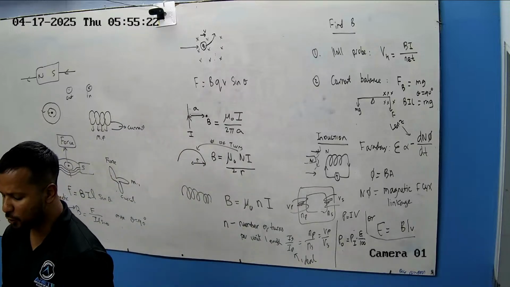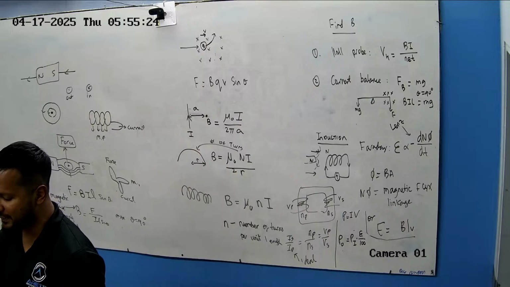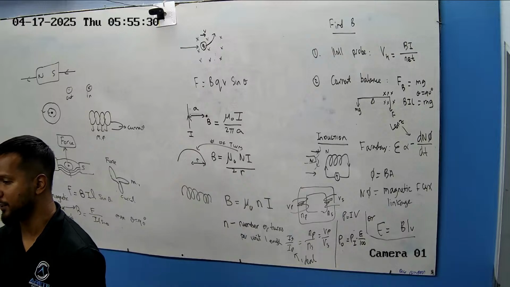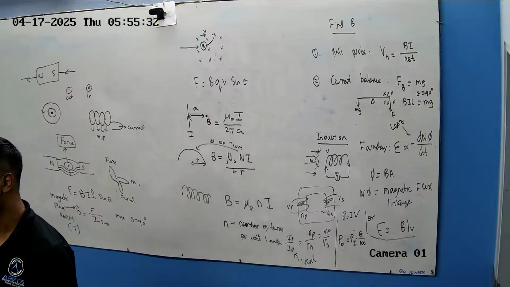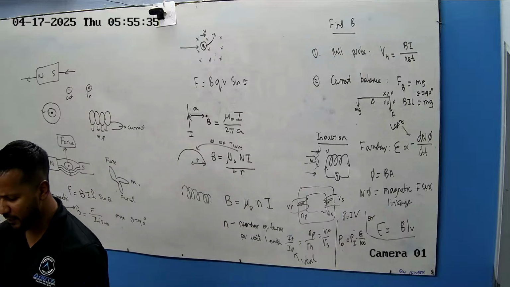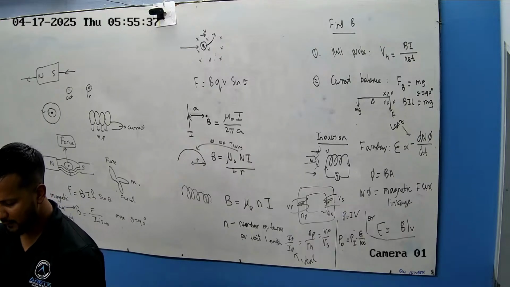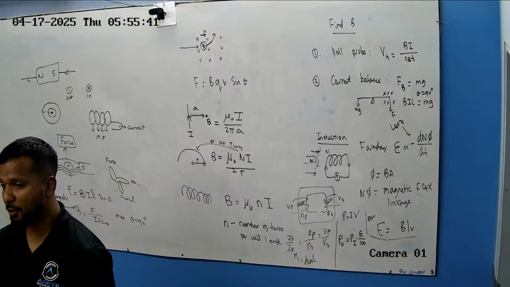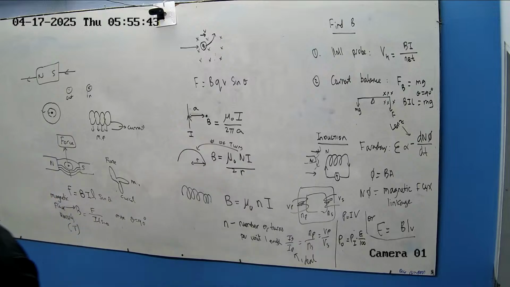An electron travels at 2.5 by 10 to the 7. So they give you an electron, they give you the velocity. So write it down, the velocity, 2.5 by 10 to the 7. They give you the velocity and movement perpendicular to a magnetic field.